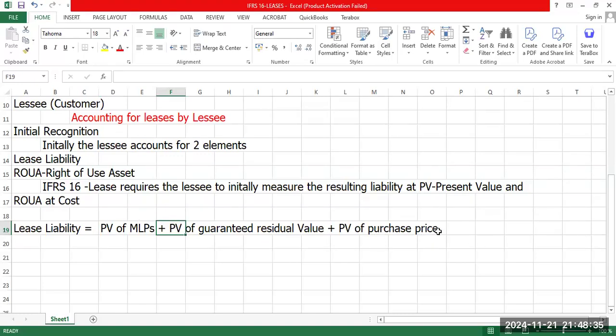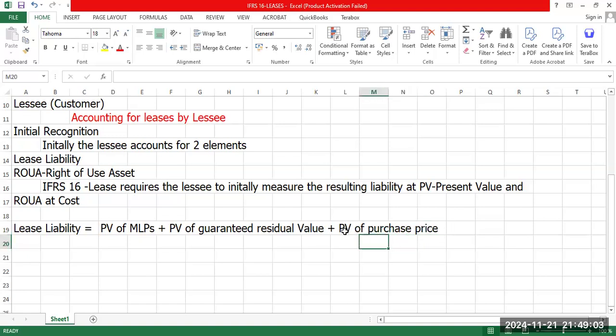Then what about purchase price? This purchase price comes in a situation where the lessee has a right to purchase that asset. If the customer had the right to purchase that lease asset, then you may need to also get the PV of the purchase price.